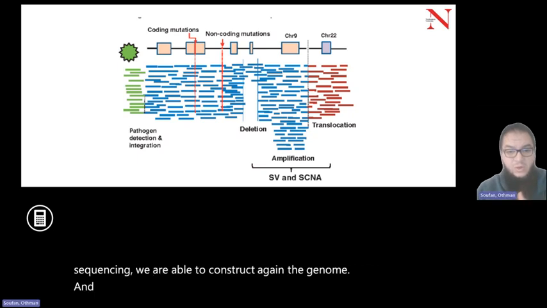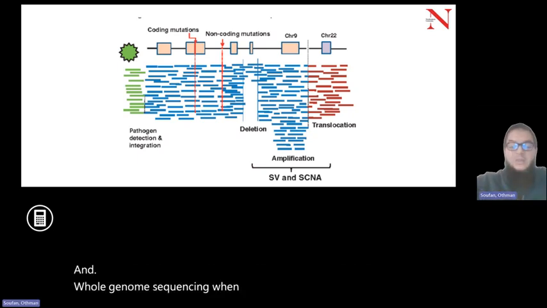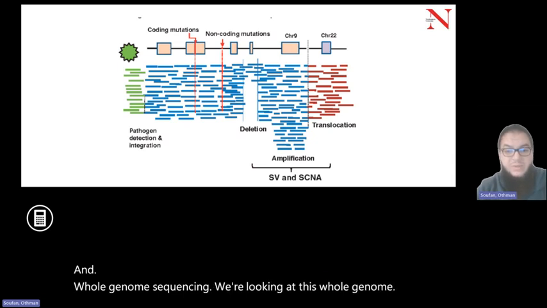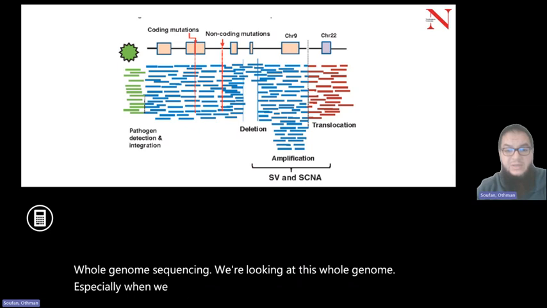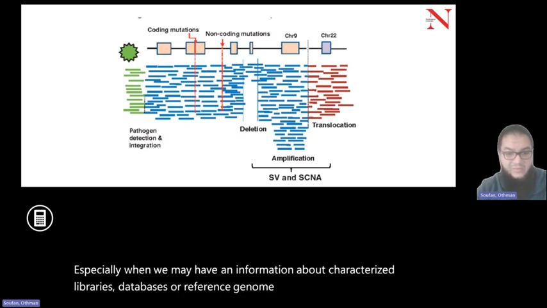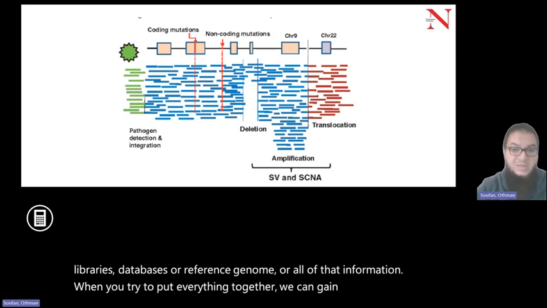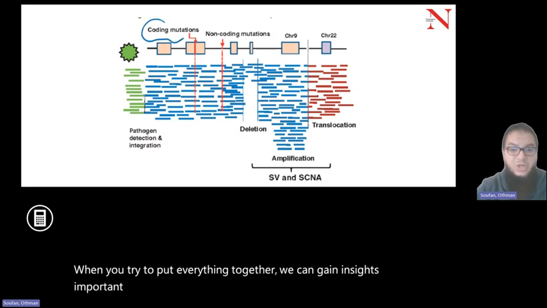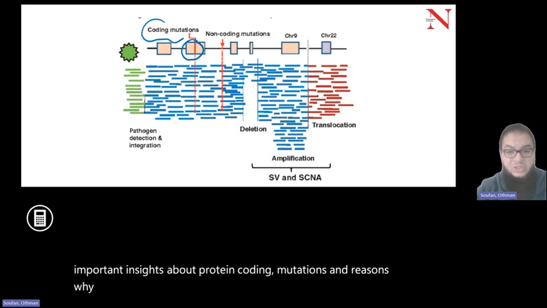Especially when we may have information about characterized libraries, databases, or a reference genome, when you try to put everything together, we can gain important insights about protein coding mutations and regions which are linked to gene DNA sequences.